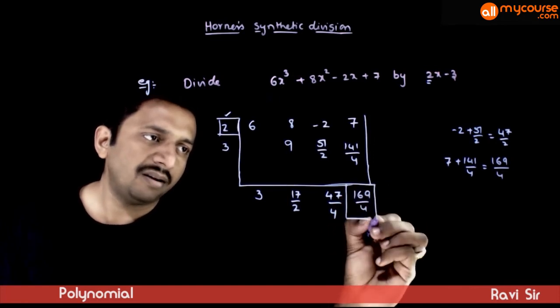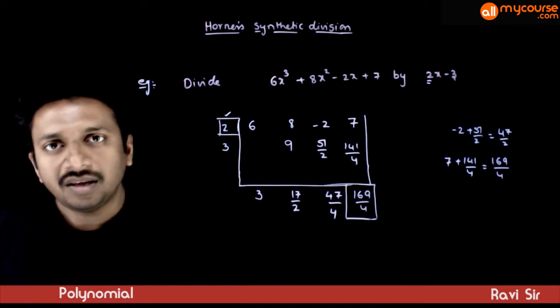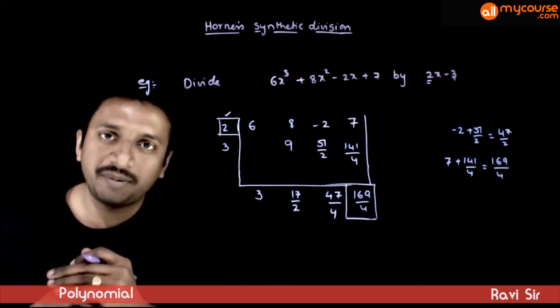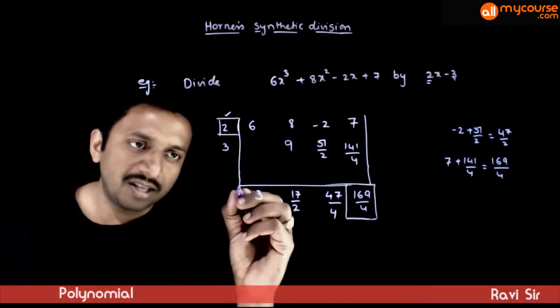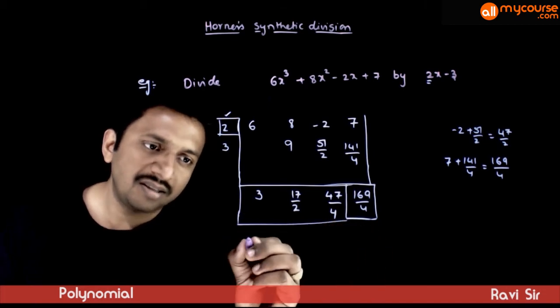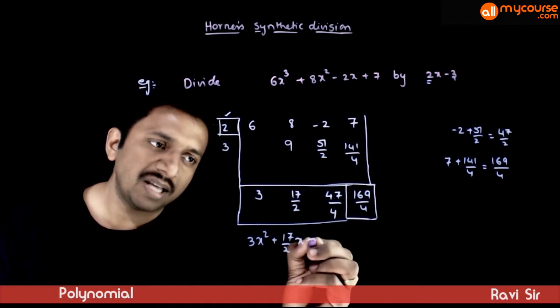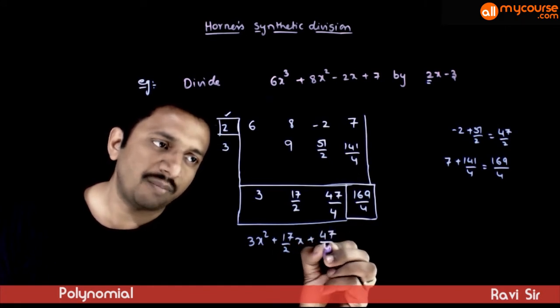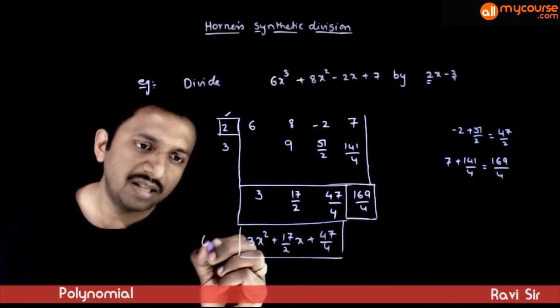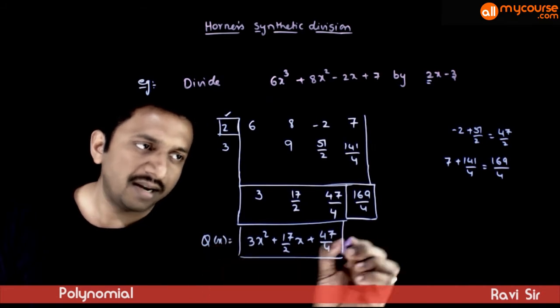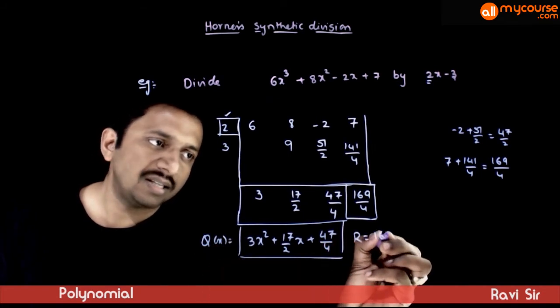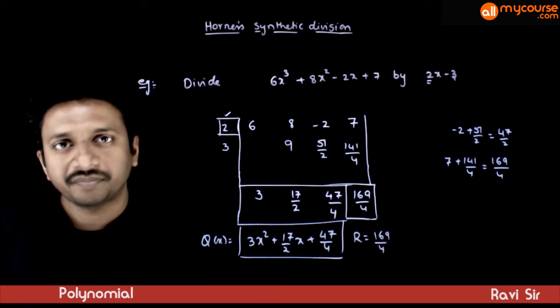So in the remainder, obviously you don't need to divide with the leading coefficient because the division is complete. So the quotient is 3x square plus 17 by 2 times x plus 47 by 4. This is the quotient and the remainder is 169 by 4.